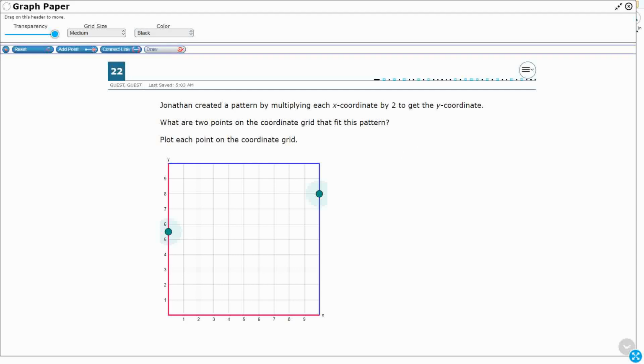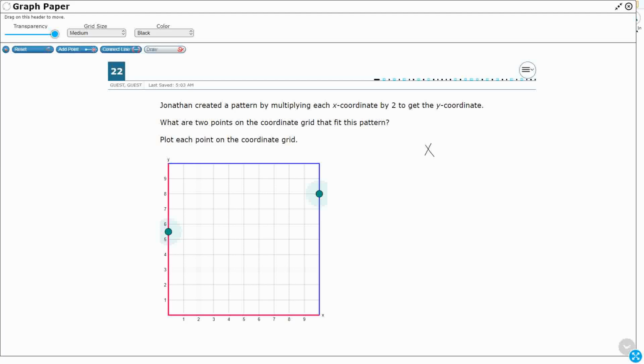Multiply each x coordinate by 2, so that's x times 2 to get the y coordinate. So x times 2 equals y. A cleaner version of that might be y equals 2x. All right, so that's our pattern.